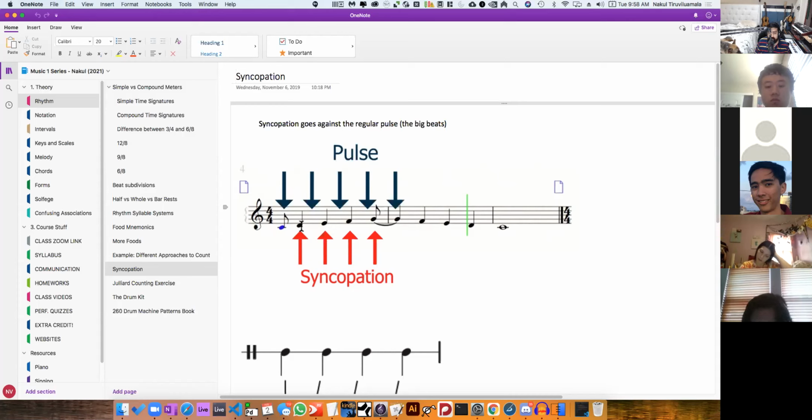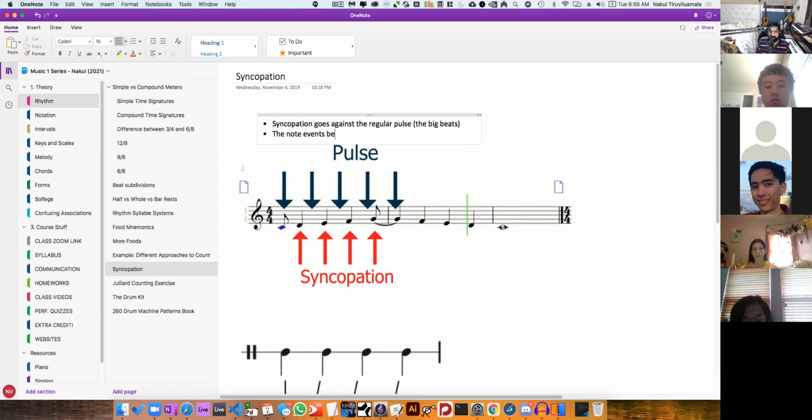It doesn't have to be, but basically syncopation means that the note events begin on an offbeat, okay? That constitutes syncopation, okay?